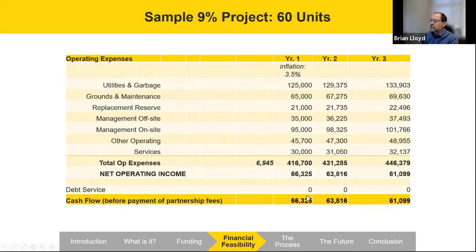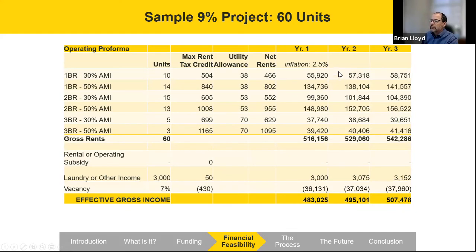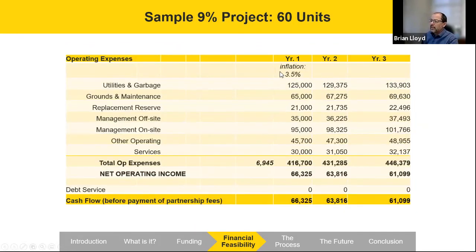But the trick here is we generally inflate rents at 2 or 2.5% per year, and we inflate expenses at 3 or 3.5% per year, which means that obviously over time, the expense inflation is going to overtake the rental inflation. So that's why you see this net operating income going down, 66, 63, 61.